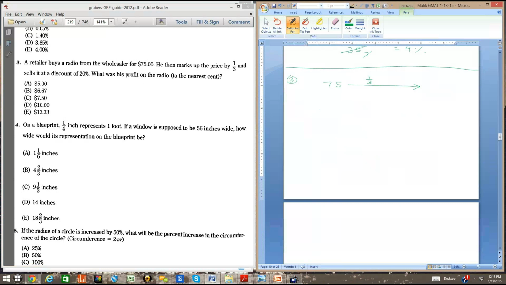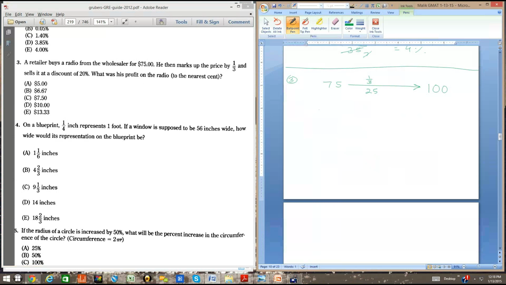What is 1/3 of 75? 25, right? You can do that in your head. You don't have to do too much math for that. So you add that up. Basically, you see that this 75 will end up as 100 later on, right?